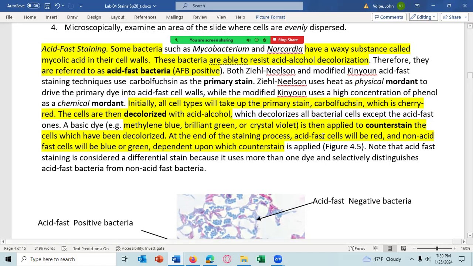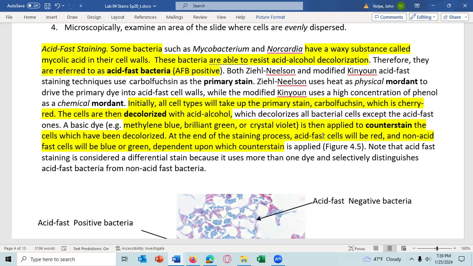However, the cells are then decolorized, and all of the acid-fast negative cells will lose the carbol fuchsin. We then apply another dye to colorize the uncolorized cells, and that is usually either methylene blue or brilliant green, but occasionally it's crystal violet.